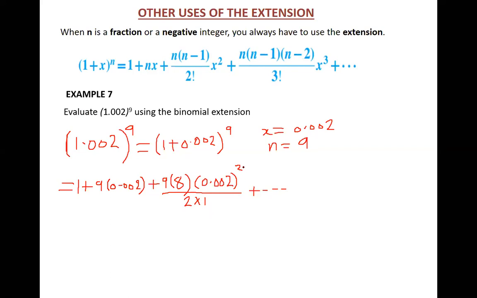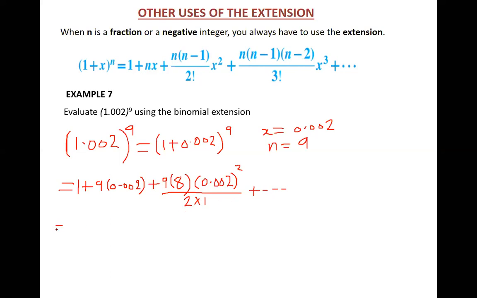So you just end on the third term, but you still find the answer that is going to be similar to the normal answer. When you punch 1.002 to the power 9 on your calculator, it's going to be almost the same. The more you expand it, the more the accuracy. That's the way this question is.